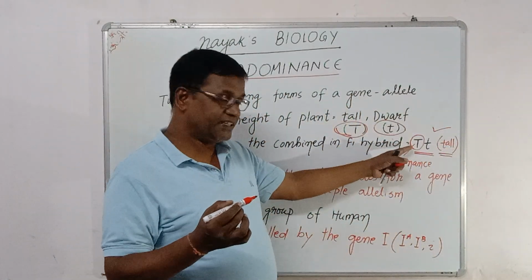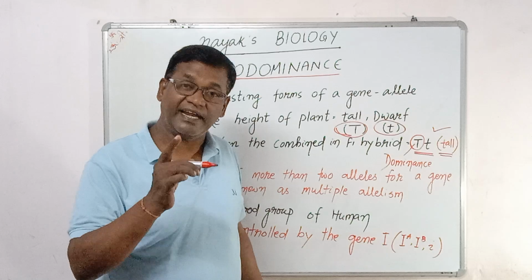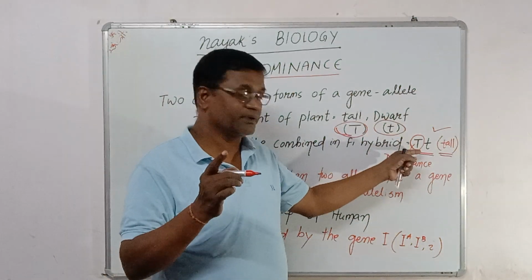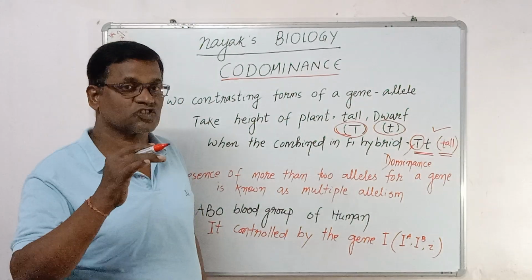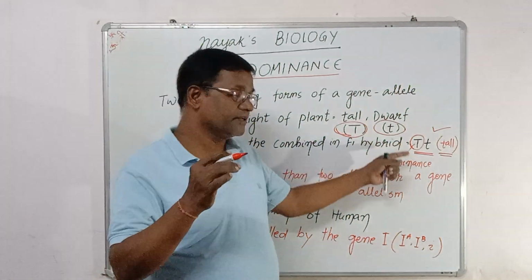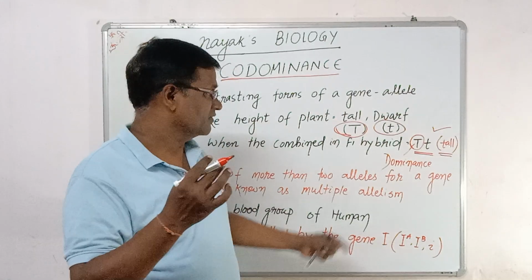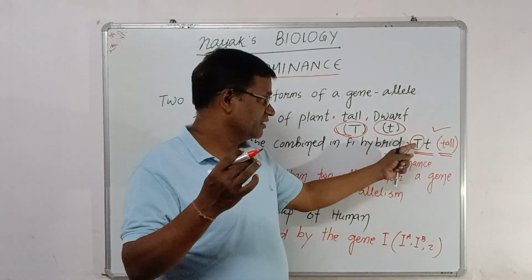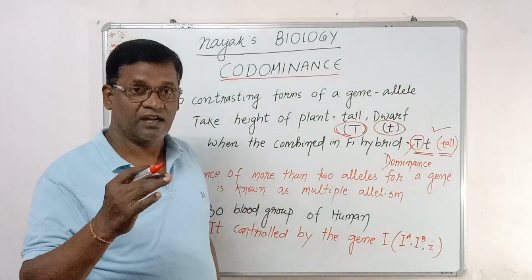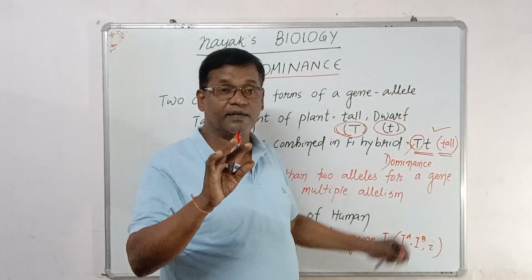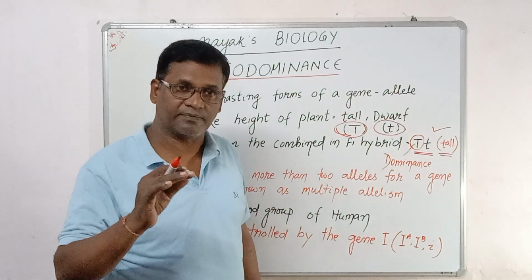Because capital T is the dominant character and it dominates over small t, the character for short height. Here the dominant character is able to express itself, but the recessive is unable to express its character. That's why the plant becomes tall.